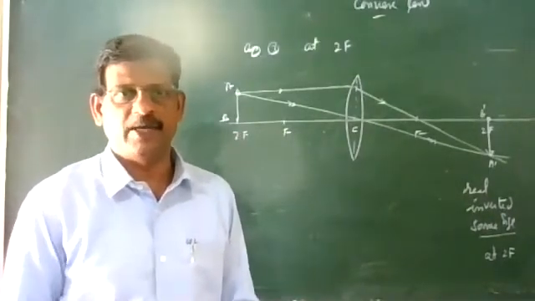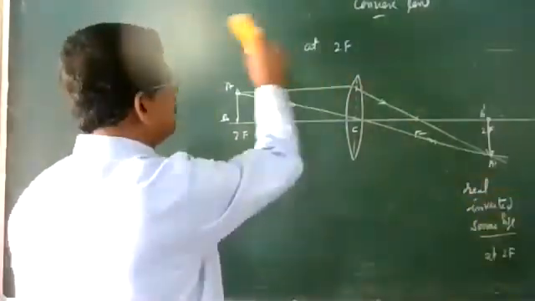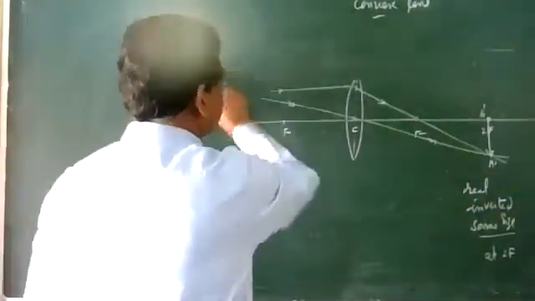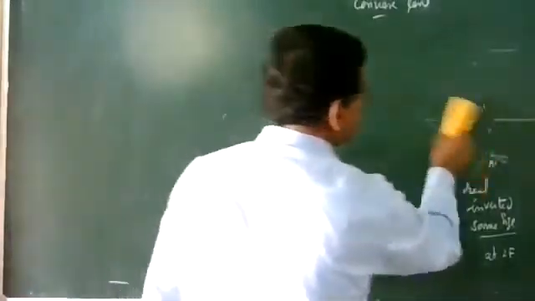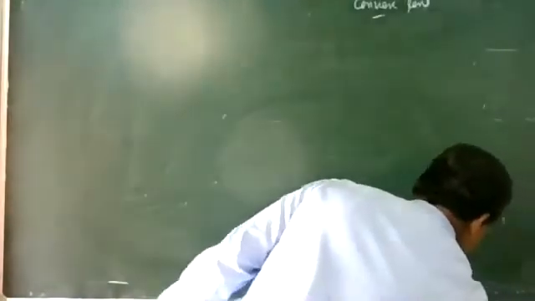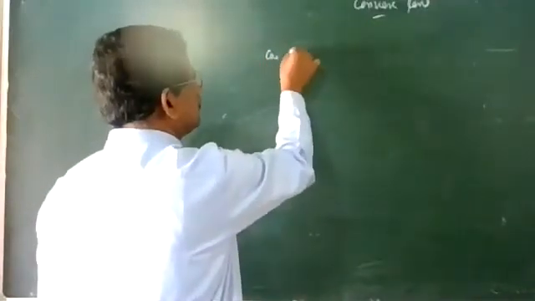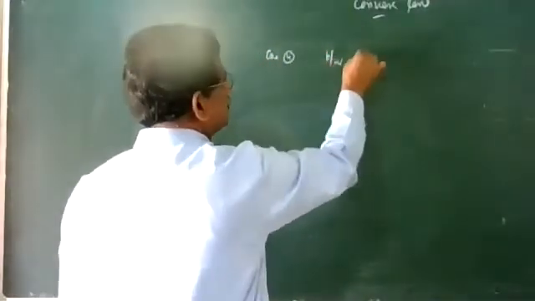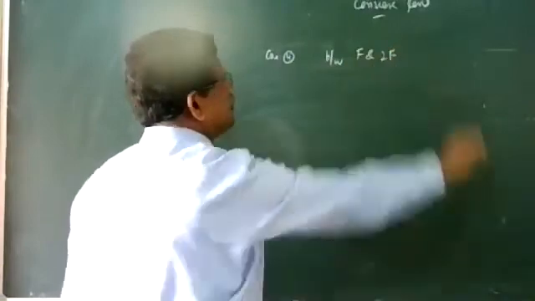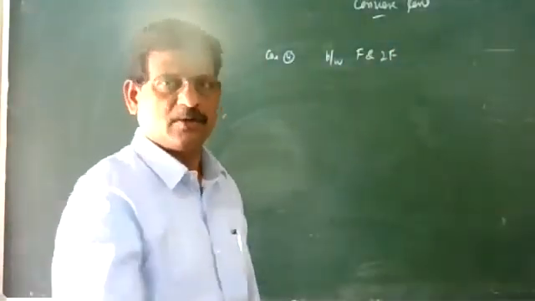Object is now between F and 2F. Case 4. Object is between F and 2F, where will be the image? Diagram.